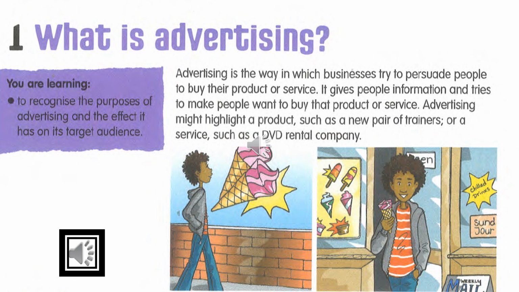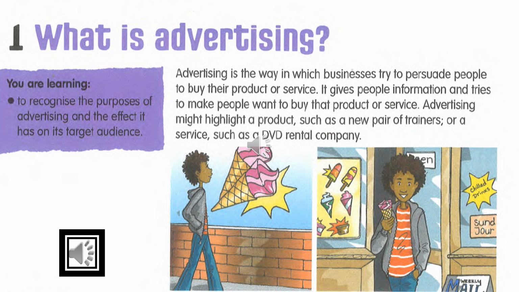Okay. Let's jump into the lesson proper. So here, what is advertising? Advertising is the way in which businesses try to persuade people to buy their product or service. It gives people information and tries to make people want to buy that product or service.